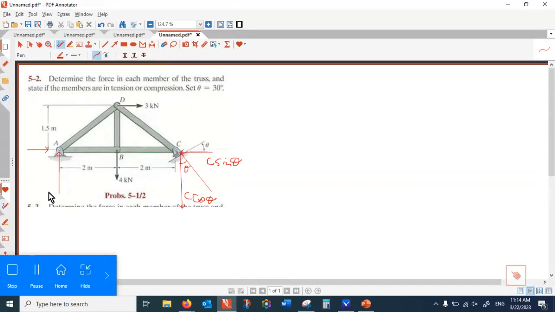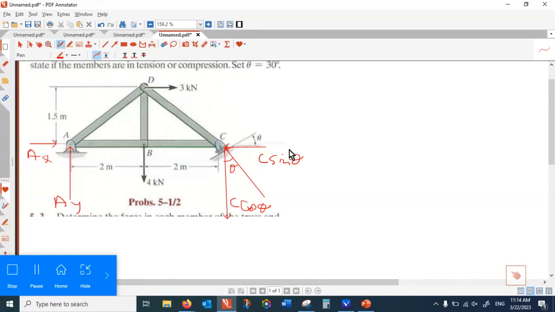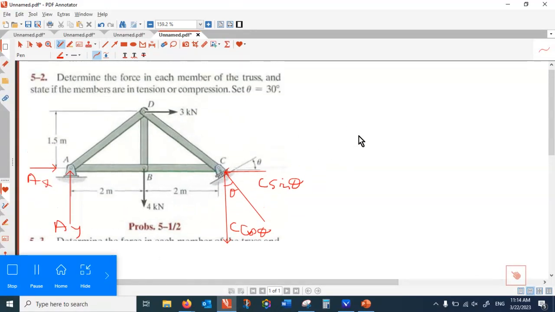So now my problem, that is AY, this is AX. How many unknowns are there? Only three. C appears two times, but still that's one unknown. So let's try to solve that.